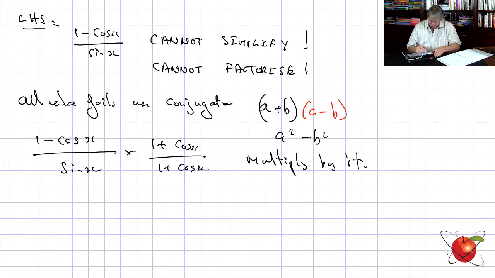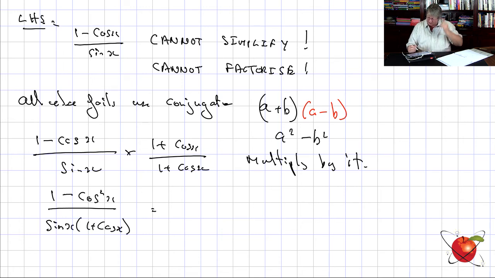So what happens there? On top, what do I get? I get 1 minus cos squared x over sine x times (1 plus cos x), correct?